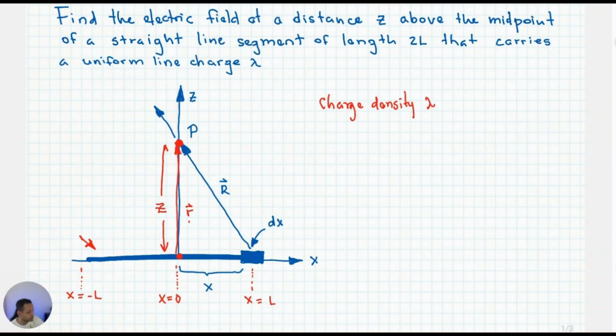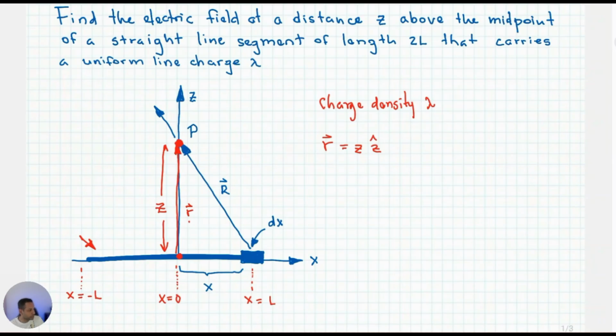Because the distance between the center of the line and the point P is z, we can write that position vector as r equals z, pointing in the z direction, so we write the unit vector along the z direction.